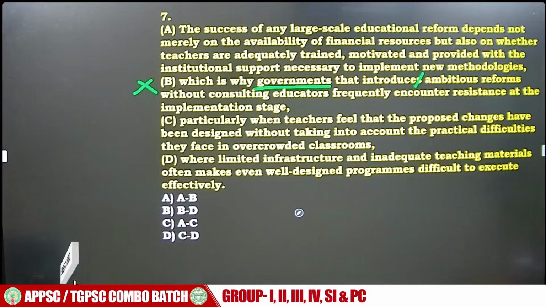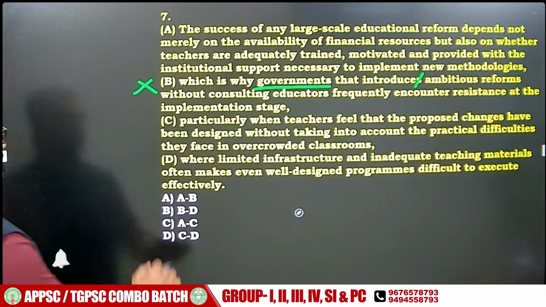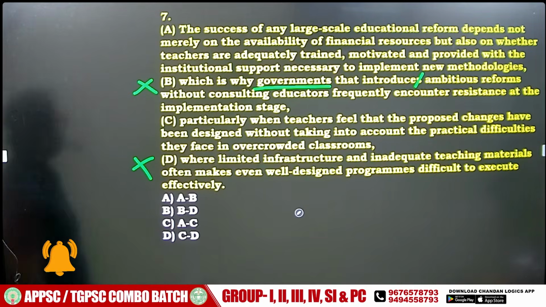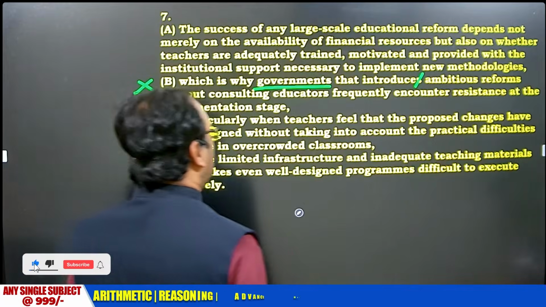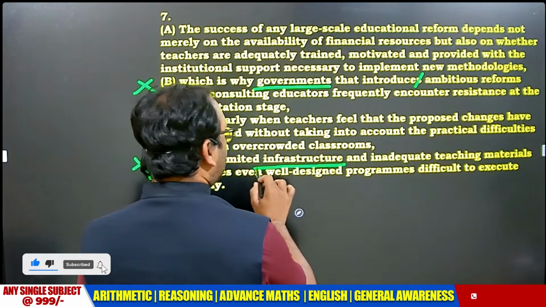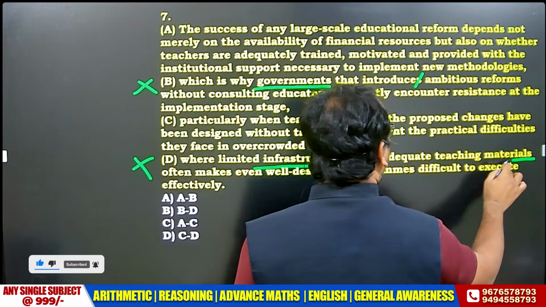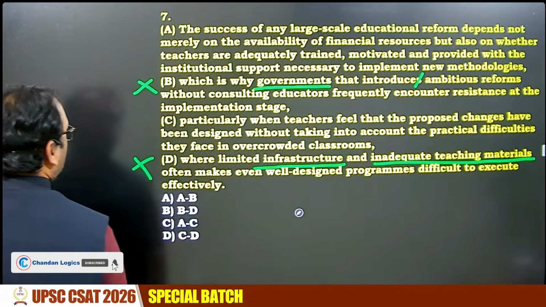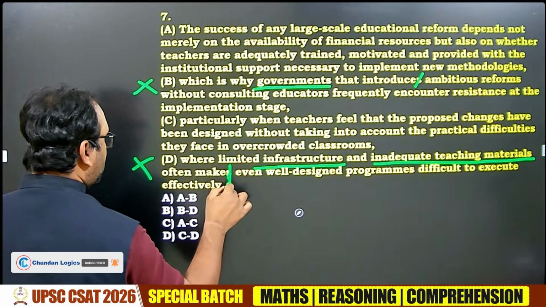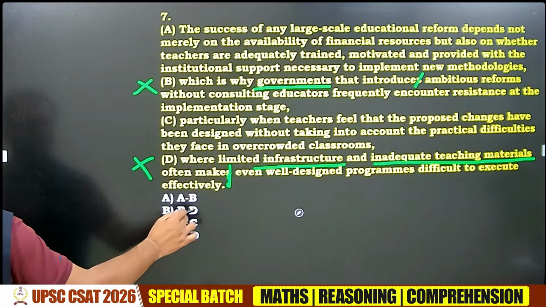I think the D part is also very simple now. What is the D part talking about? Limited infrastructure, inadequate teaching materials, plural, plural, plural. Why do you want to use makes? You better use make. Easy question.